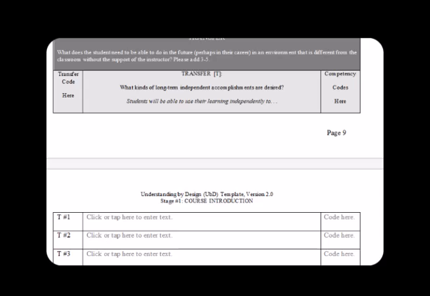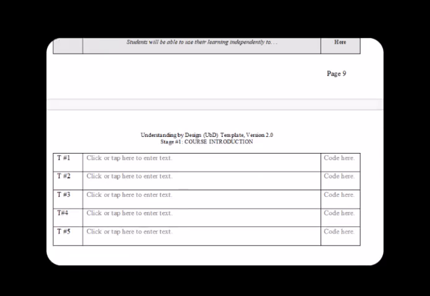What things do your students need to be able to do to achieve these goals and accomplishments? When students really understand information, their learning has the ability to transfer. What are some things that students will be able to use their learning independently to do after your unit? Also include your standard or competency code that aligns with the transfer statements.